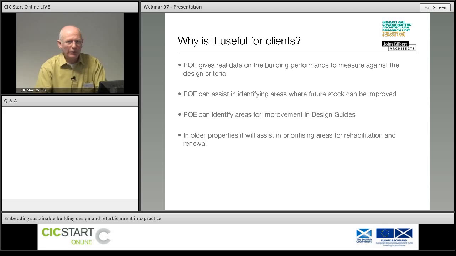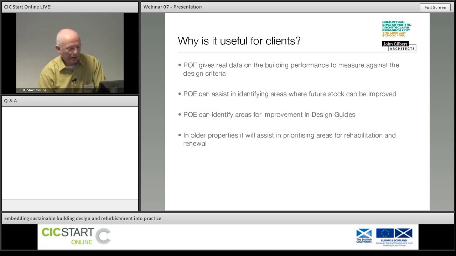Often very important for things like Bank Hall Street or where you've got communal heating systems where things are just not set correctly and they need rebalanced heating systems. So undertaking a short POE would be well worth it.